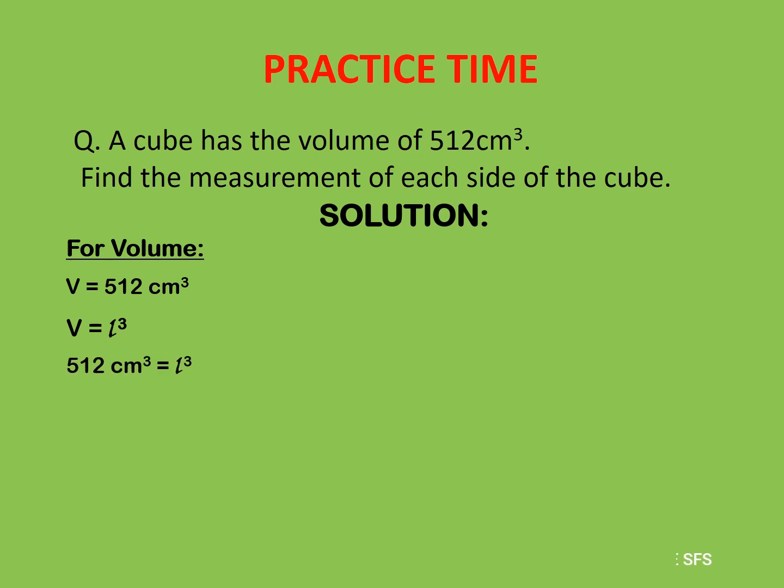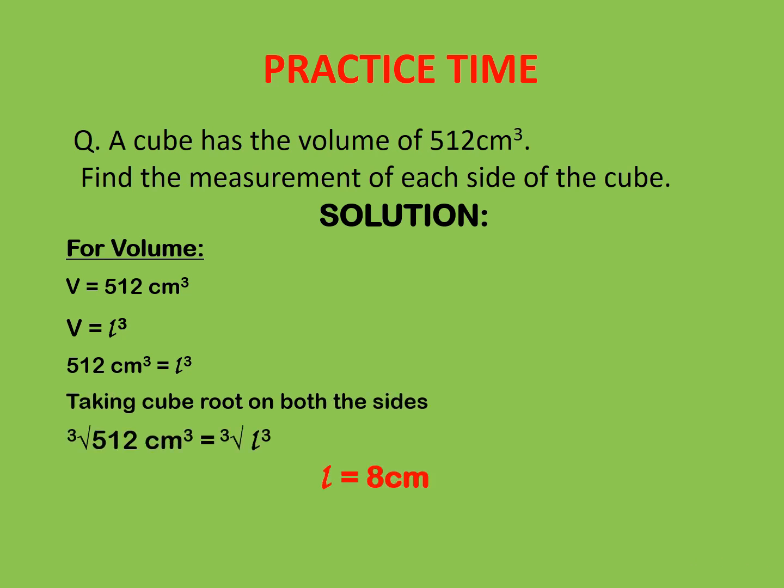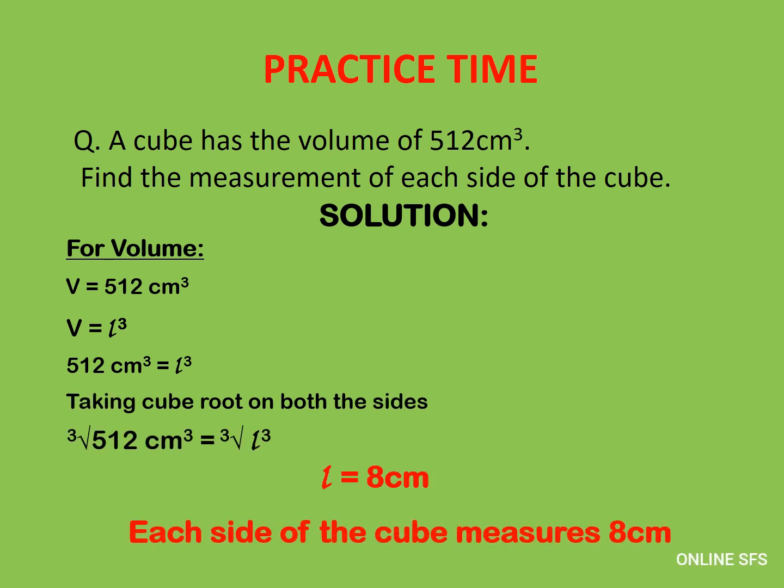The volume is given to us and we'll substitute 512 cubic centimeters in place of V. Since we have cube on both the sides of the equal to sign, if you take the cube root on both the sides, we will get the value of the length, that is the value of L, which is 8 centimeters. So each side of the cube measures 8 centimeters.